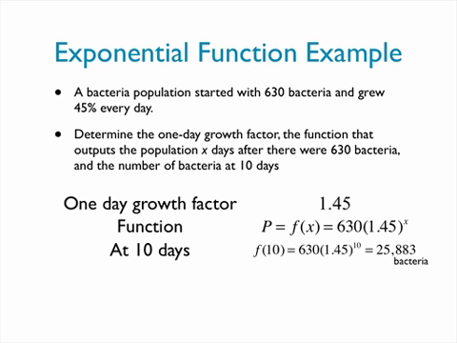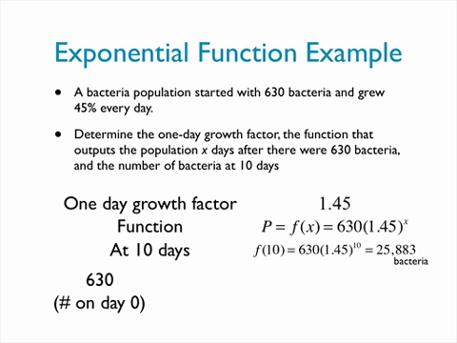Okay, so again, to review before we just turn off our brain and plug and chug, you should have a solid image of the exponential growth behind this. So let's review that. 630 is how much we have when? At day 0. So how would you get the amount that you had on day 1?